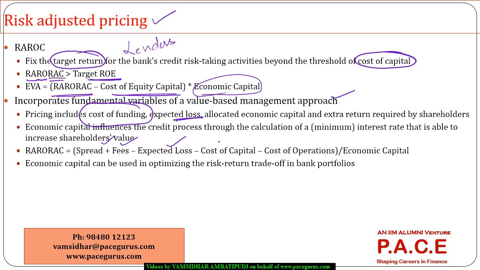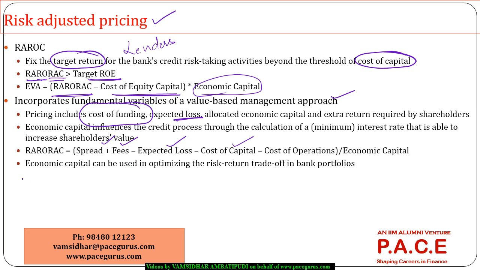Whatever is the expected loss, I am taking out. Allocated economic capital and extra return required by the shareholders. All of them have to be considered. So when all these things are taken into consideration, that is how the pricing has to happen.